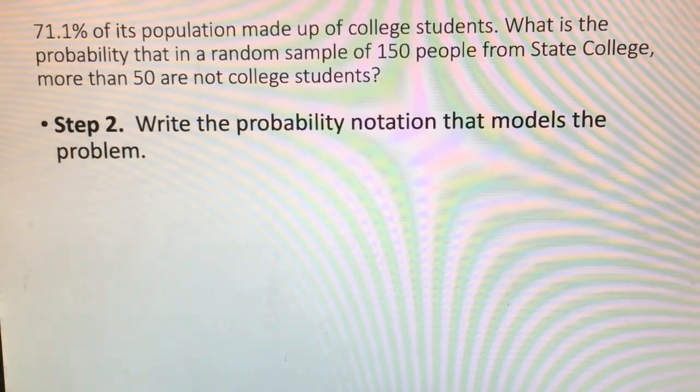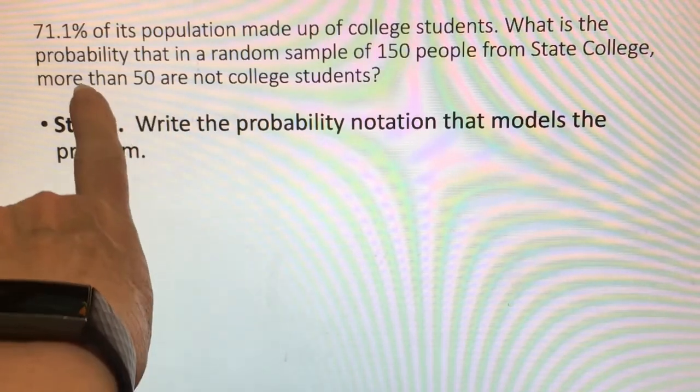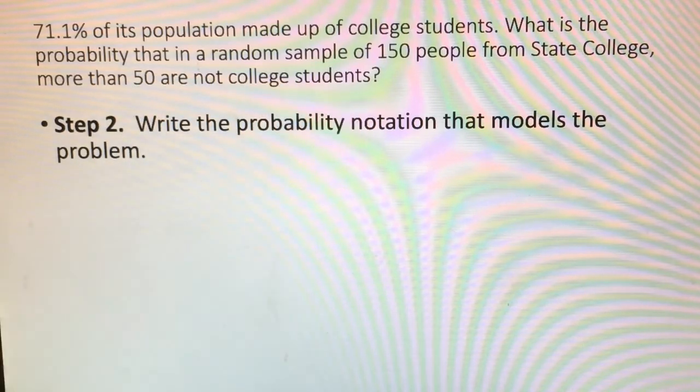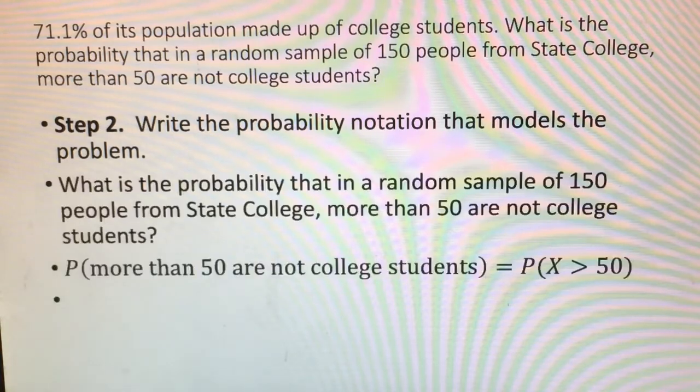So then we go to step 2. Write the probability notation that models the problem. Here, remember, we're trying to find out that more than 50 are not college students. So we're going to designate that.